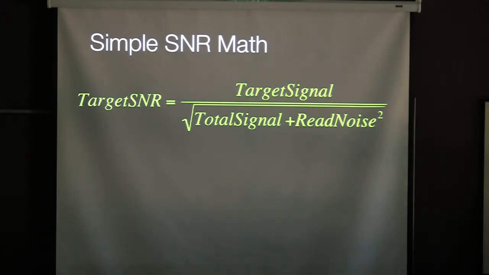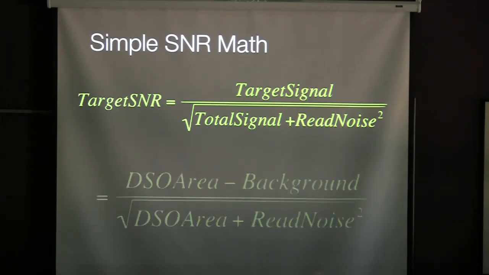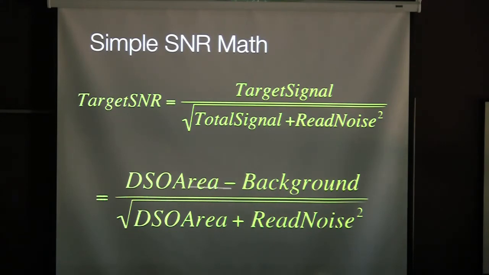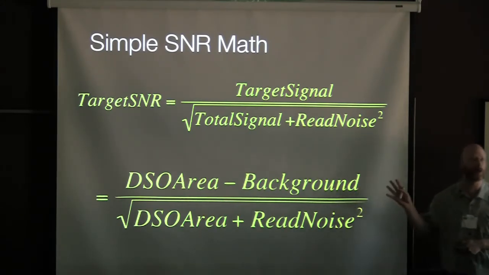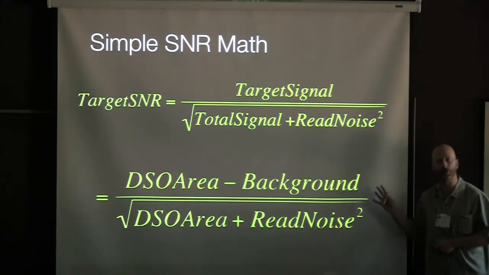Now, a couple of things I've tossed into the presentation here are really just here for your notes afterwards. These are a little bit more text-heavy slides than I often do, and unfortunately the version of this that is in your handout has the wrong equation. It flipped these two. You'll get a negative signal-to-noise ratio if you actually follow the one in your handout. Fix this here, because I wrote an article for Cloudy Nights on actually measuring this in a spreadsheet.